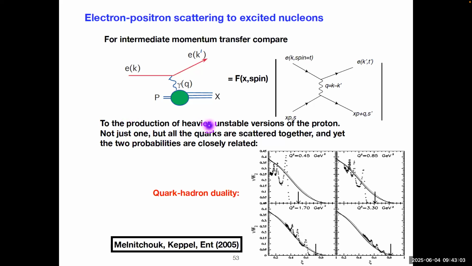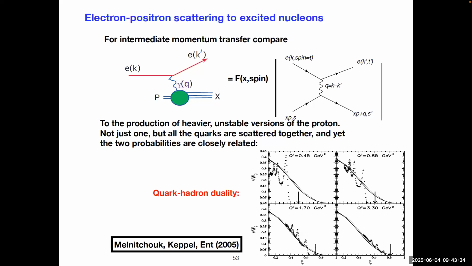So we're talking about the production of heavier, unstable versions of the proton. I guess I called it quasi-elastic. In this case, not just one of the quarks is scattered, but they're all scattered together. So what happens is that coming out, instead of a general object X with a very, very high mass, and we sum over all X, we look for just finding one excited proton, a delta resonance or something like that.